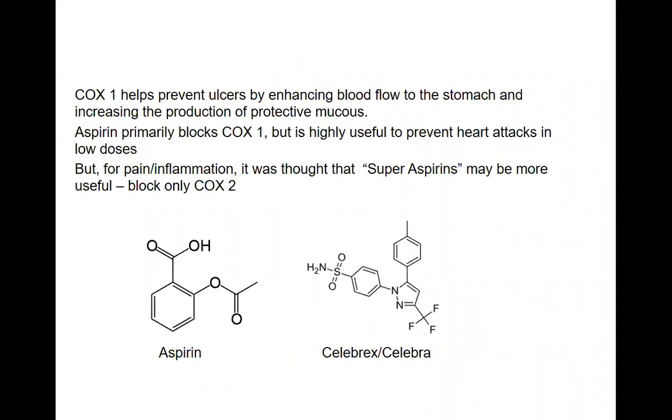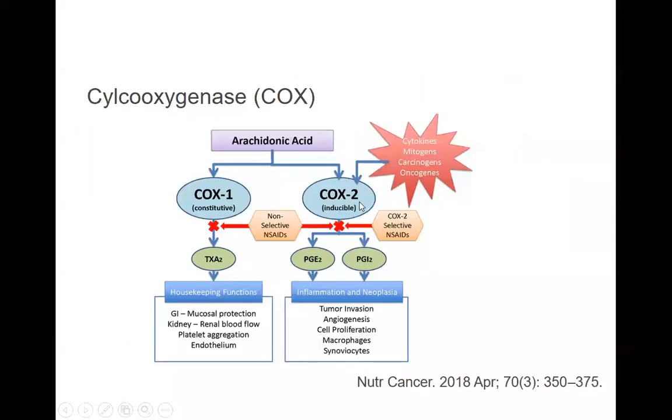Okay, so aspirin binds to COX-1, and if you look back here, COX-1 is the one that has the housekeeping function and helps protect your stomach lining from the acid.